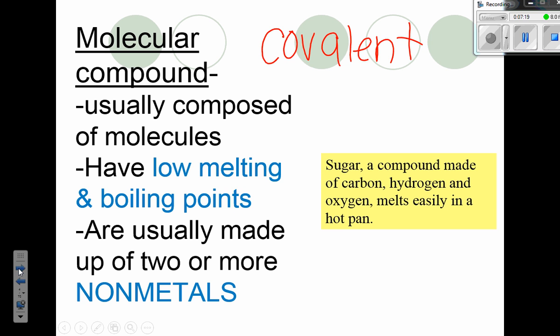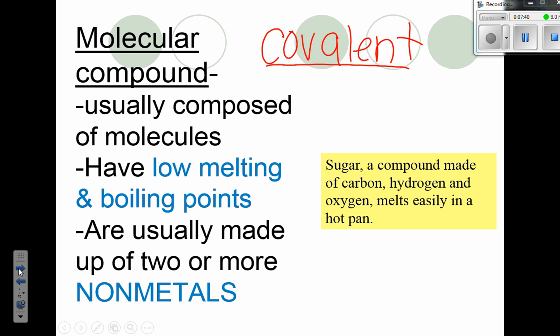A molecular compound is also called a covalent compound. So on your notes where it says AKA, write covalent in there. Covalent: co means sharing, valence, sharing valence electrons.